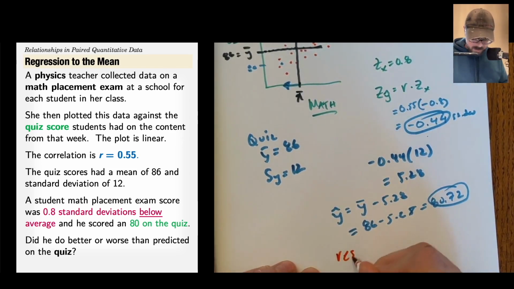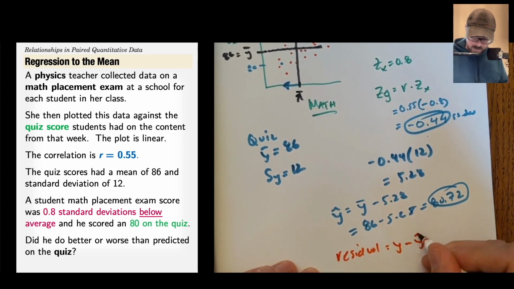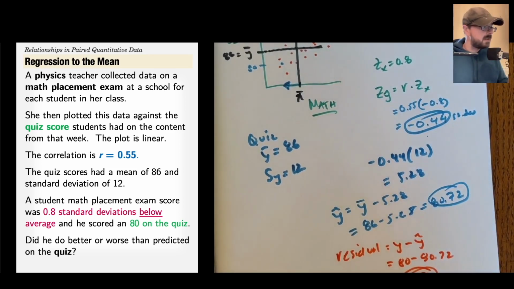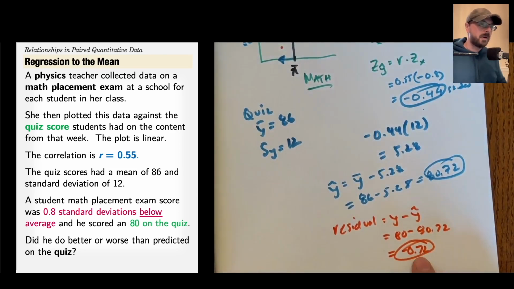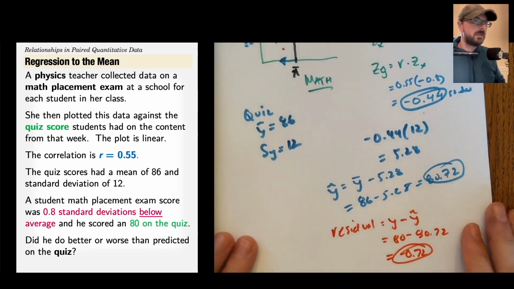So the residual for this particular student, the value minus the predicted y, is just 80 minus 80.72, which is negative 0.72. So they were really close to what we'd predict. They actually did a little bit worse, 0.72 points lower than predicted, but it was pretty close.